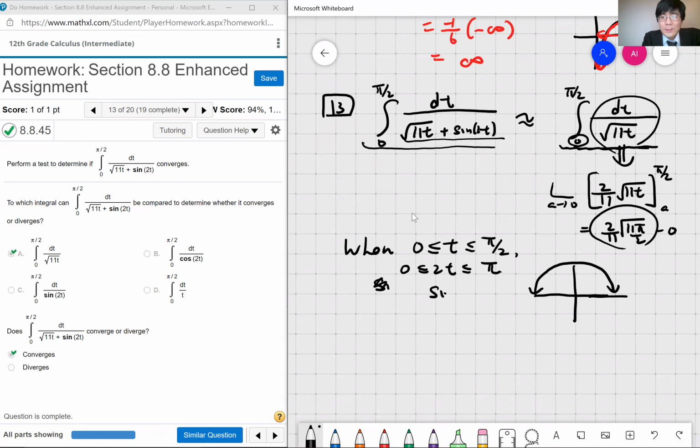So sine of 2t must be non-negative. Okay. So this means that this denominator is at least as big as this one. So the square root of 11t plus sine 2t is at least equal to this.